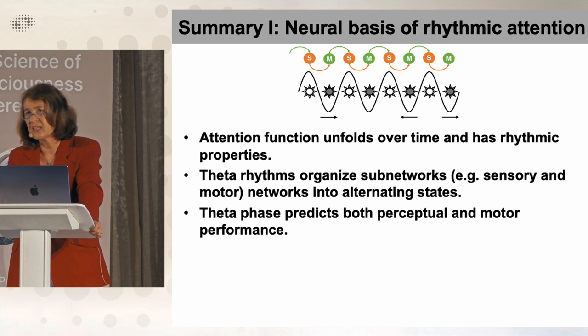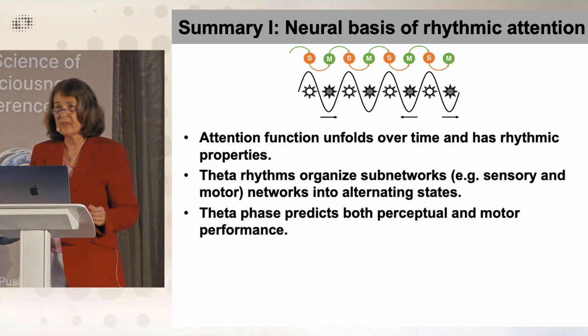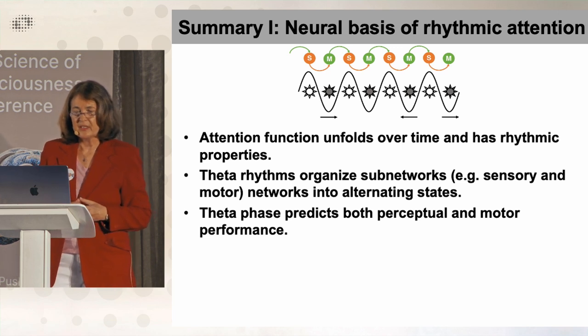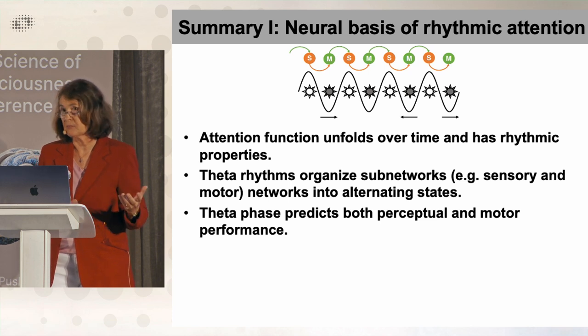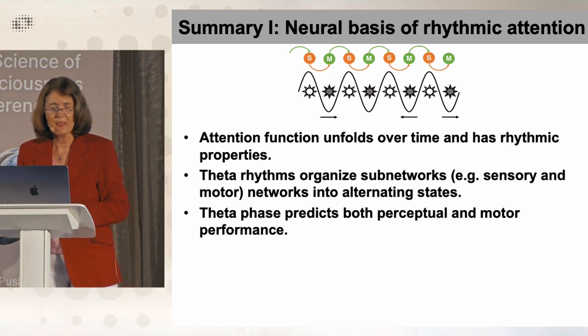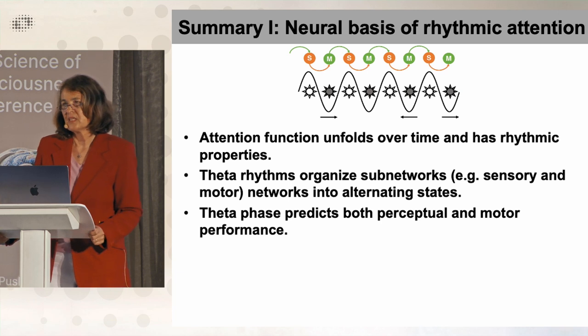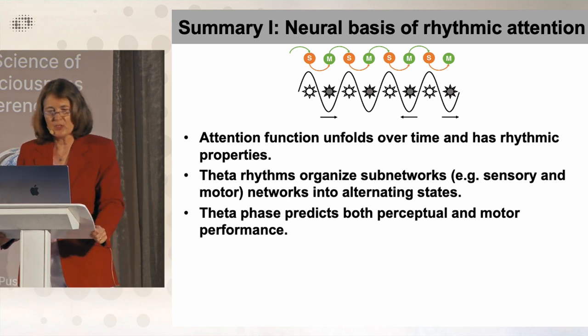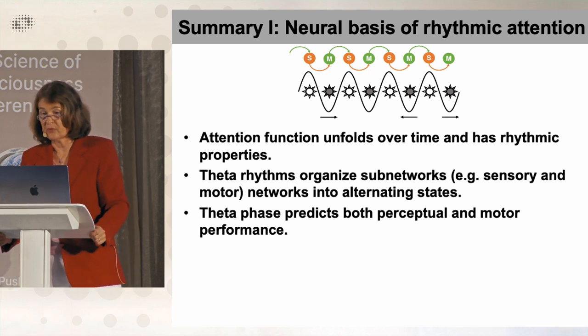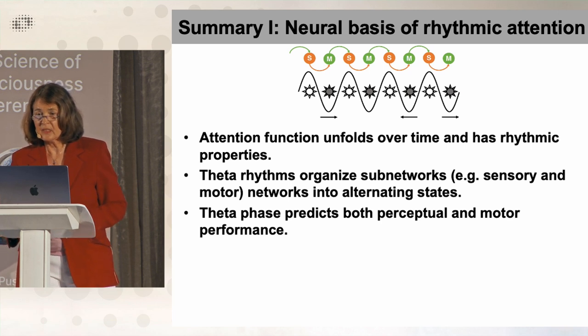But let me summarize what we have thus far. I've shown you that attention function unfolds over time and has rhythmic properties. Theta rhythms organize subnetworks, here sensory and motor networks, into alternating states. And theta phase predicts both perceptual and motor performance. Now, where do we go from here?